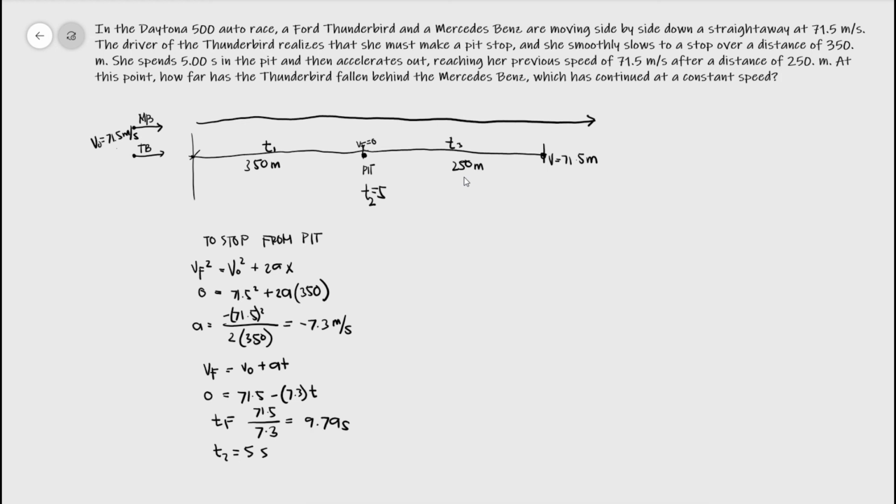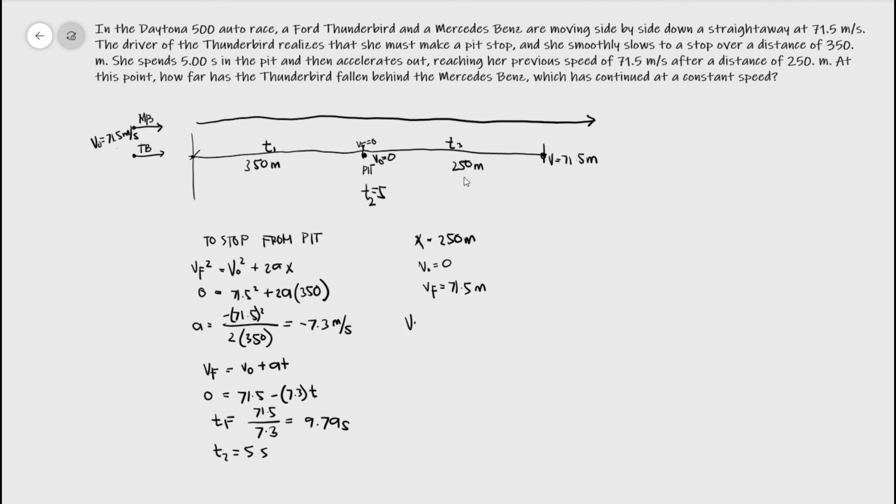The distance traveled by the Thunderbird again, which is x is equal to 250 meters, and since the Thunderbird stops here and accelerates, the initial velocity will become 0. Say Vo is equal to 0, and its velocity after 250 meters is 71.5 meters per second.